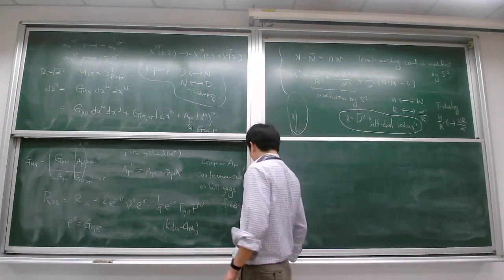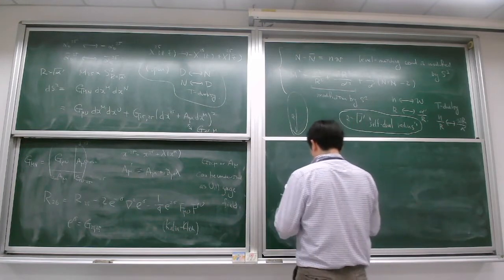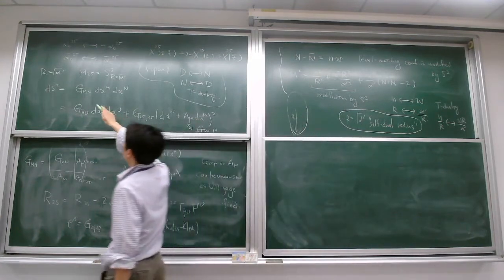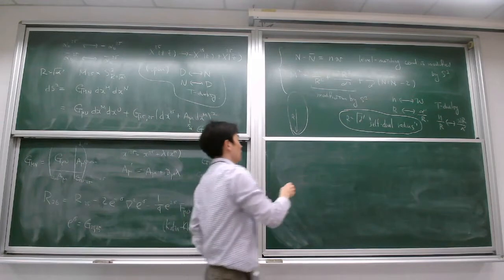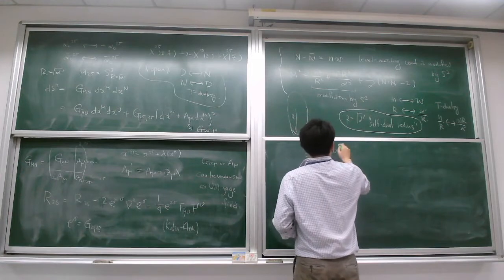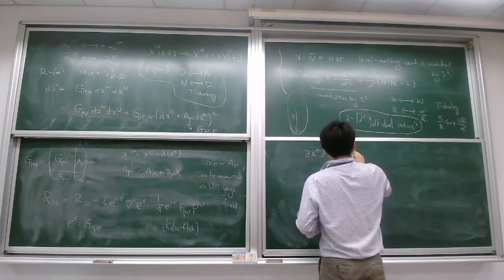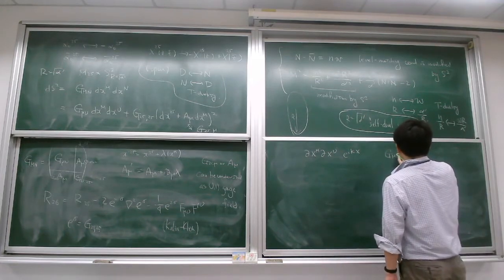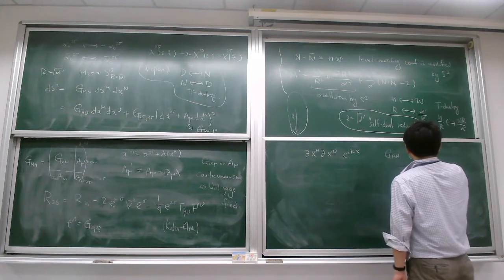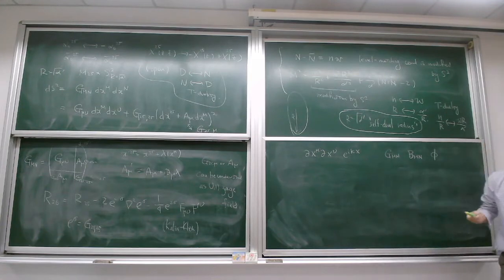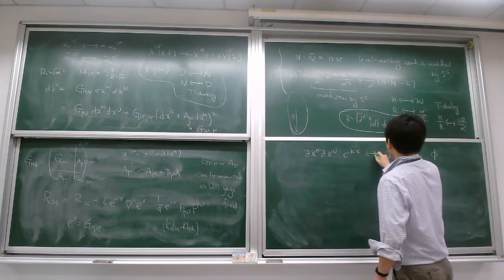So for G mu nu, as I mentioned last time, a long time ago, the vertex operator is e to the ikX. That corresponds to the massless modes of G MN, B MN, and phi, the dilaton. So the metric, B field, and phi.